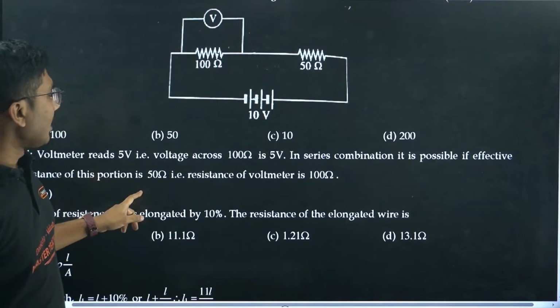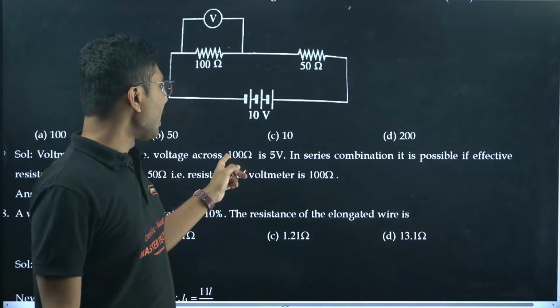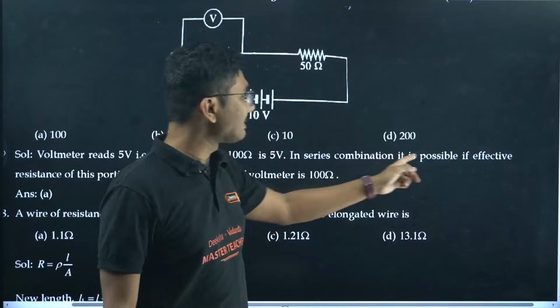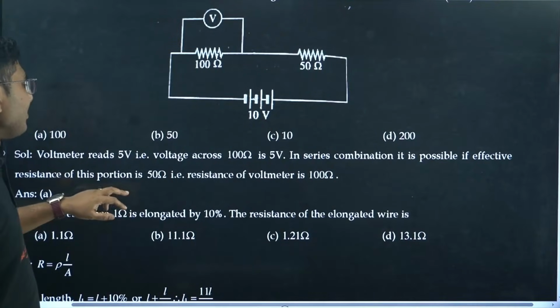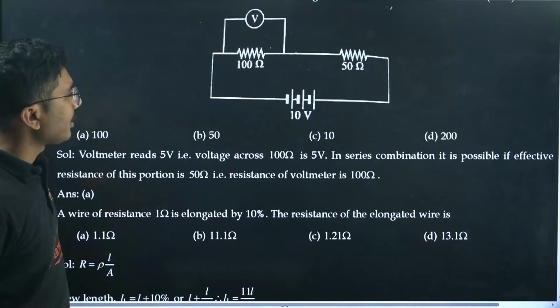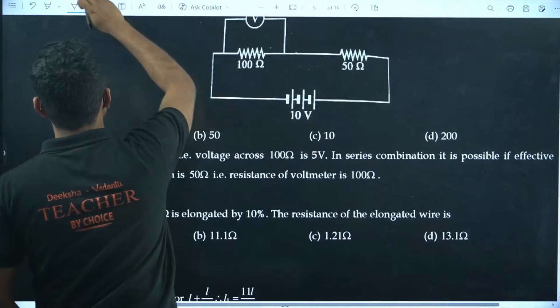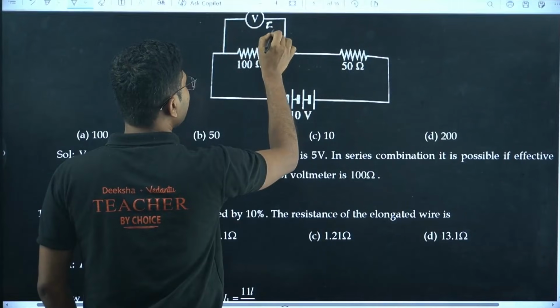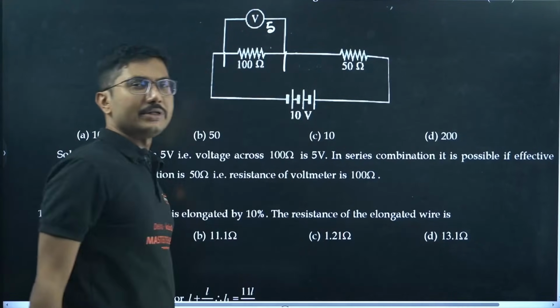The voltmeter reads 5 volt, that is the voltage across 100 ohm is 5 volt.